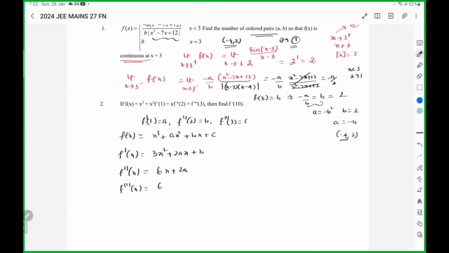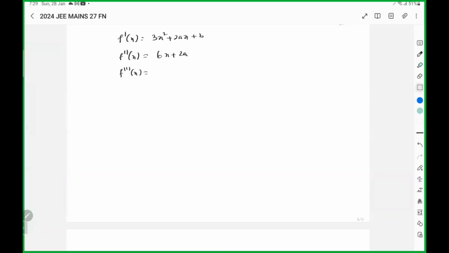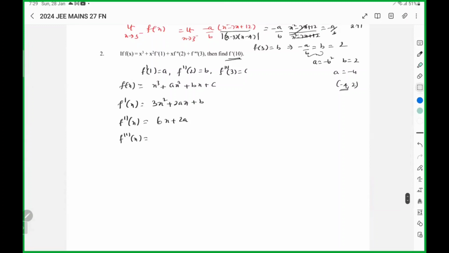So he is asking f dash 10. Here f triple dash 3 is 6. That is c here is 6. F double dash 2, 12 plus 2a, which is b. 2a minus b is minus 12.